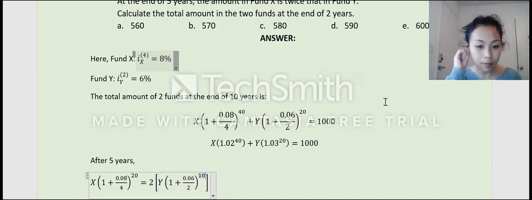You see that? So this is the second equation.